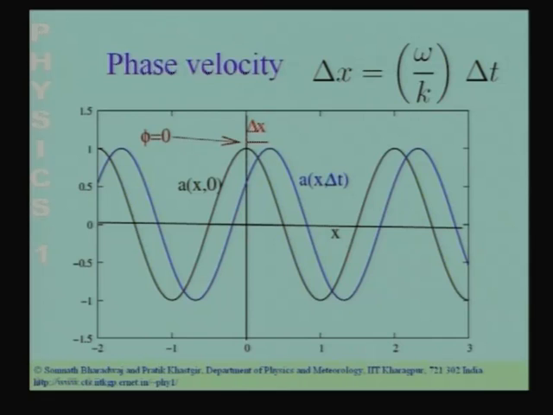So, this is the value of x where the phase is 0, and cos of the phase has a value 1 over here. So, this is the point at t equal to 0 where the phase is 0.